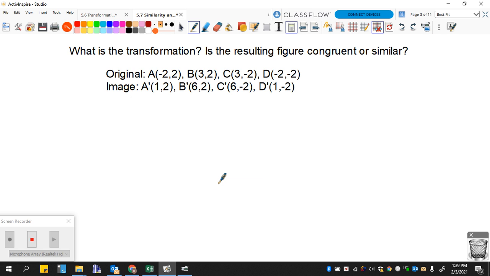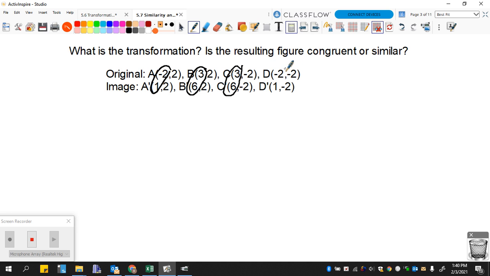Okay, so if I look at the ordered pairs, well, the 2 and the 2 are the same, but -2 turns into 1. Okay, so we're talking about this right here. All right. Once again, the 2 and the 2 are the same. 3 goes to 6. All right. 3 goes to 6 again here. The y's stay the same.